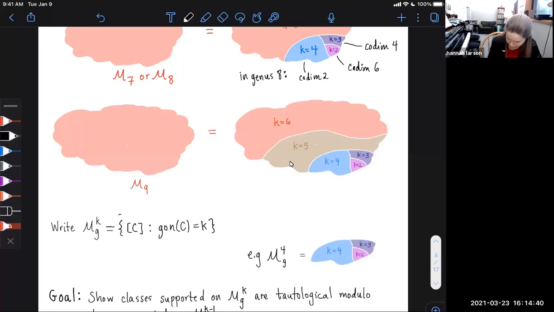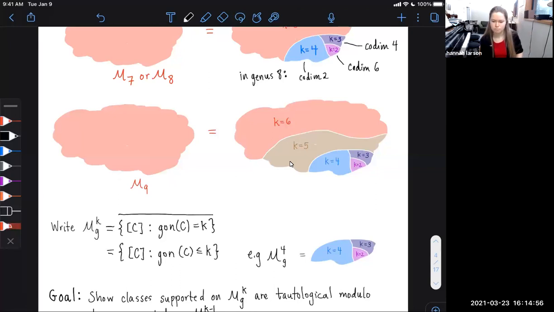And then we're going to take the closure. So this is the same as all of the curves of gonality up to k. So in terms of my pictures, this would be M_g^4.